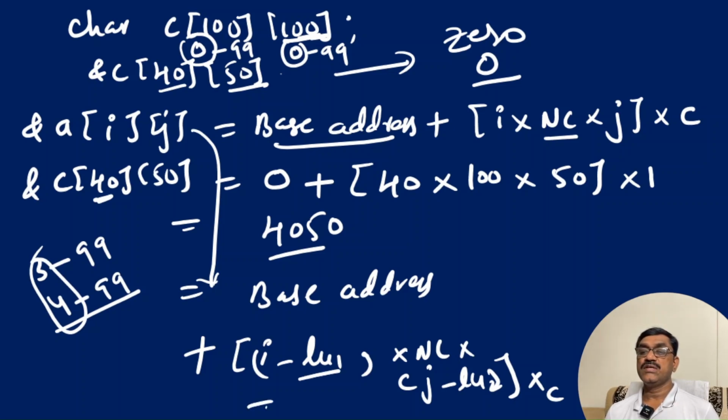So lower bound 1 is the starting index 3, and lower bound 2 is the starting index 4 for the second dimension. These are the two principles to find the general formula for the address of an element of a two-dimensional array.